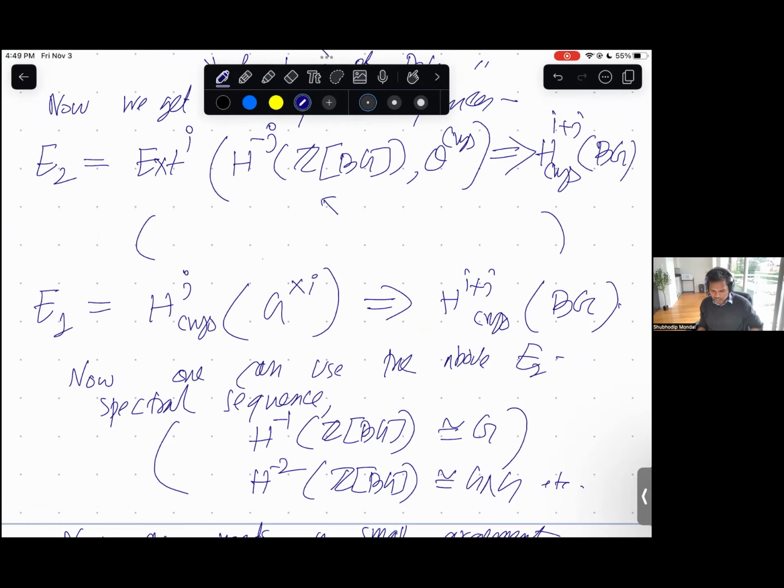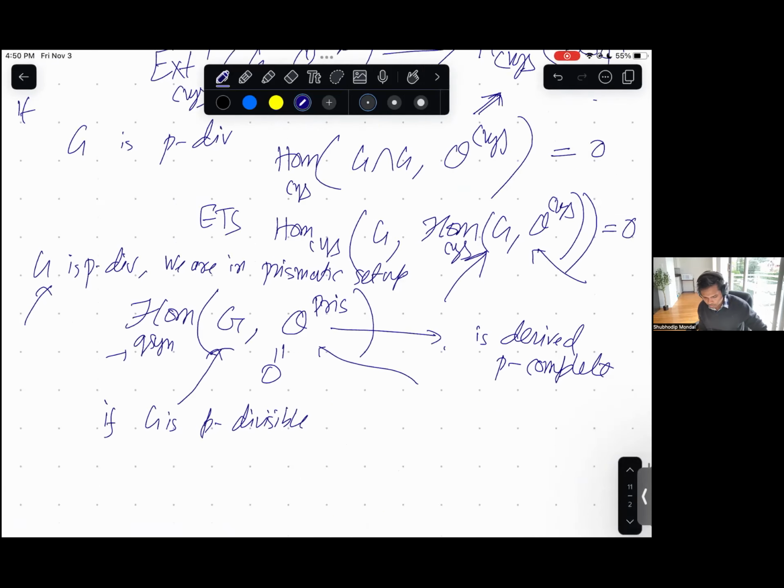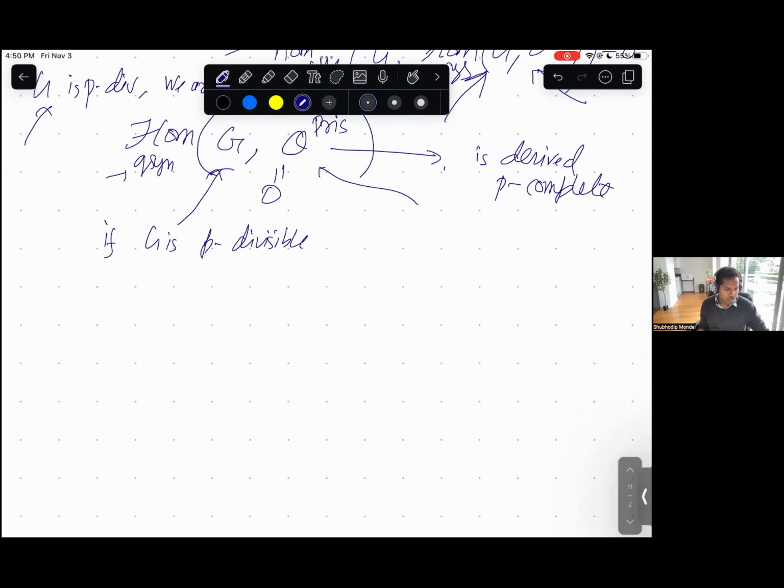But in general, for what we wanted to prove, I think the E2 spectral sequence seems more reasonable because you directly have one term which exactly looks like the Ext1 group. So it's just more direct, and it looks like it'll be more helpful to use the E2 one. But you can also use the E1 spectral sequence for certain other cases.